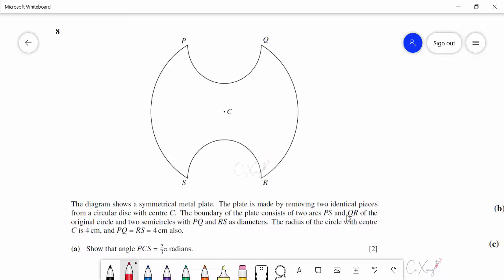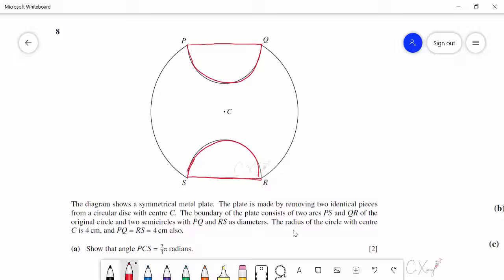If you want to draw it clearly, this is a horizontal line, and this is the semicircle, the diameter of the small circle, not the big one. So this is a semicircle, and this is another semicircle. Maybe I put it in red color, so it is easier to see.